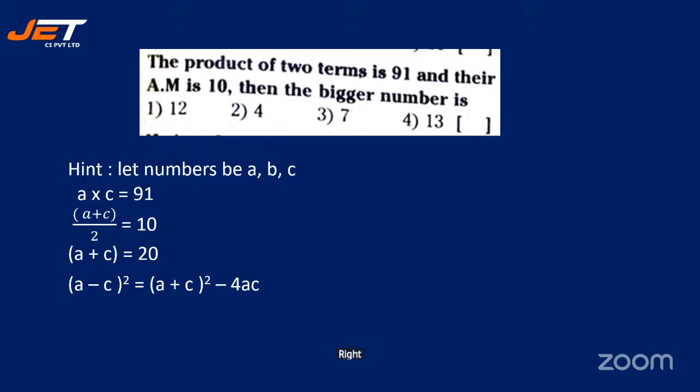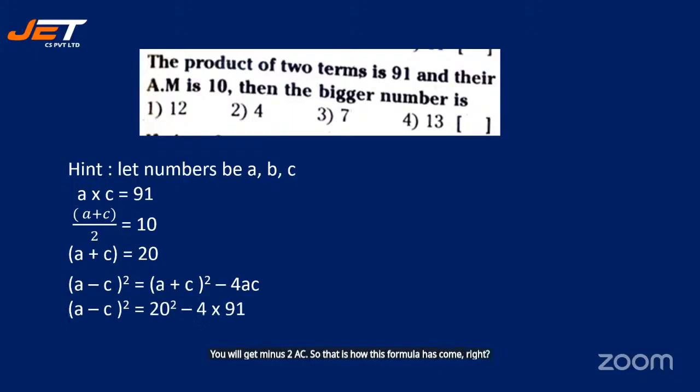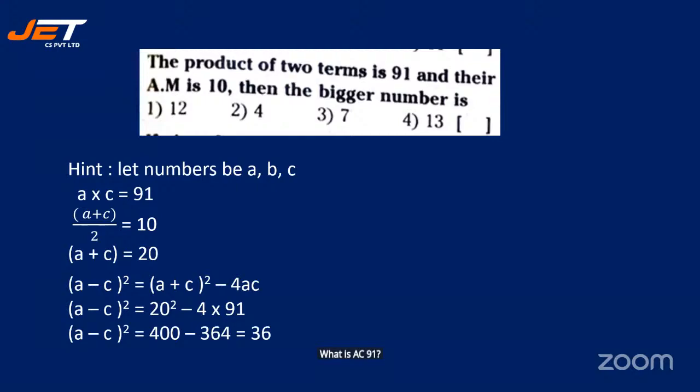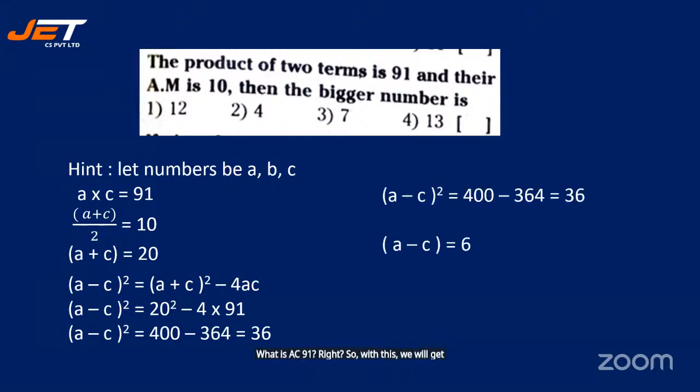A square plus C square plus 2AC, and here we have minus 4AC. So plus 2AC minus 4AC, you will get minus 2AC. That is how this formula has come. Now you just substitute: (A minus C) the whole square is 20 square minus 4 into AC, which is 91. With this, we will get the value of A minus C, which is 6.